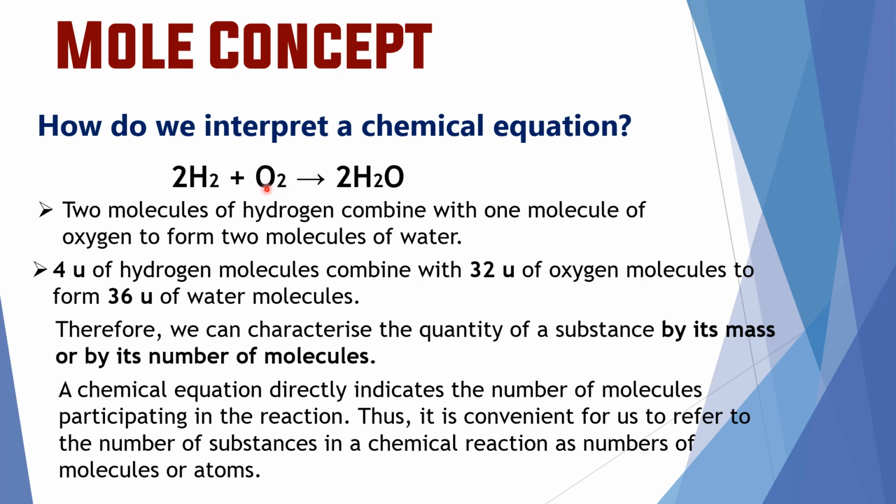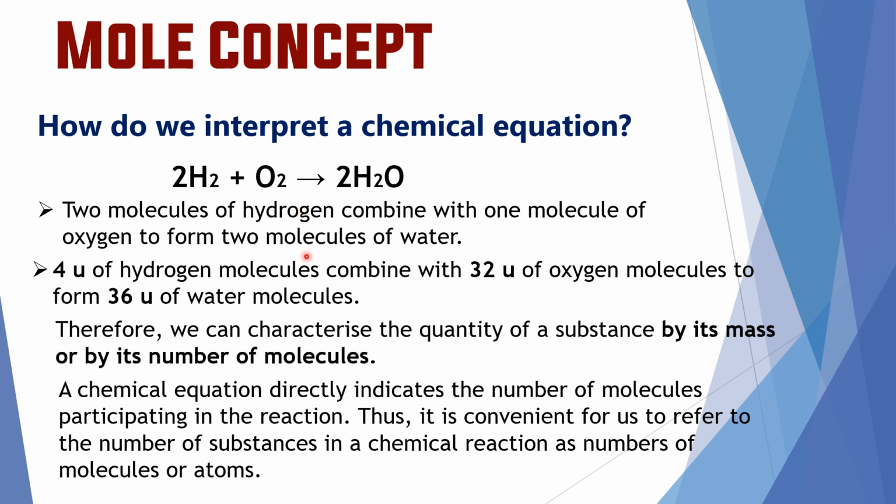One oxygen atom's mass is 16, so O2 is 32 U of oxygen, to form 36 U of water. See, 32 U plus 4 U is 36 U. So 4 U of hydrogen combines with 32 U of oxygen to form 36 U of water.